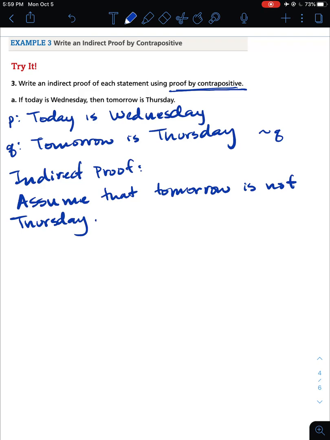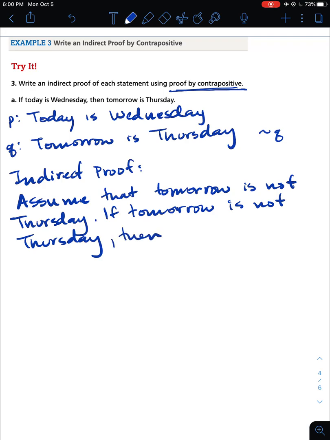If tomorrow is not Thursday, can today be Wednesday? It can't, right? So if tomorrow is not Thursday, then today is not Wednesday. It can be any other day of the week, but there's no way it can be Wednesday because tomorrow is not Thursday.